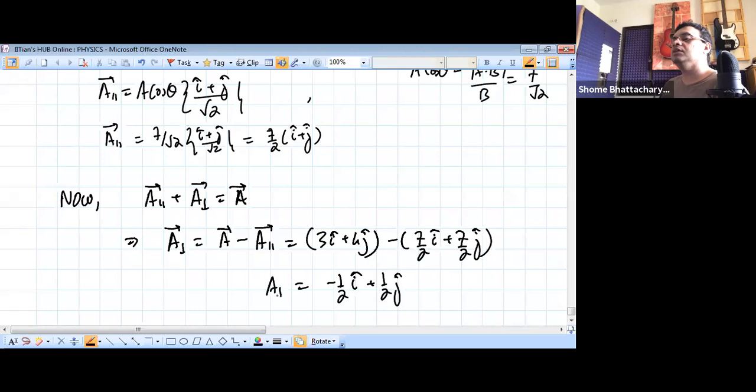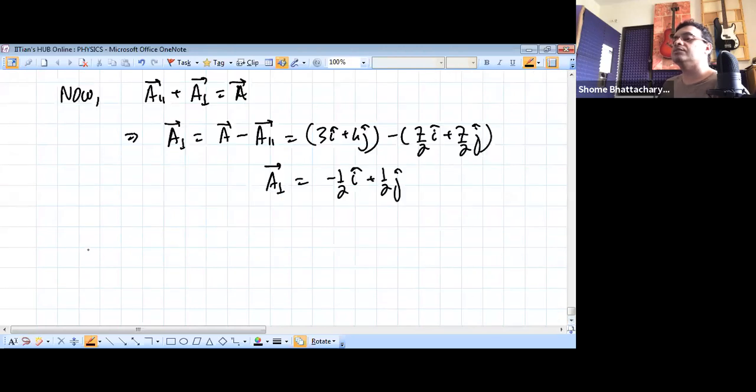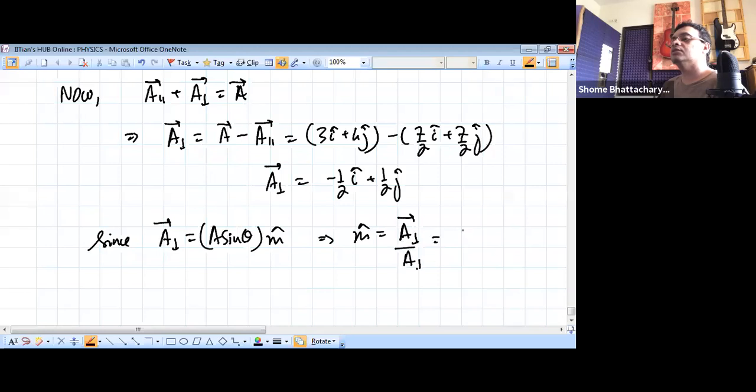So this is becoming A perpendicular. Since we are expressing A perpendicular in the options as A sin theta into some new unit vector, let's say M cap, M cap becomes basically the unit vector of this. So it becomes minus half I cap plus half J cap divided by its own magnitude.